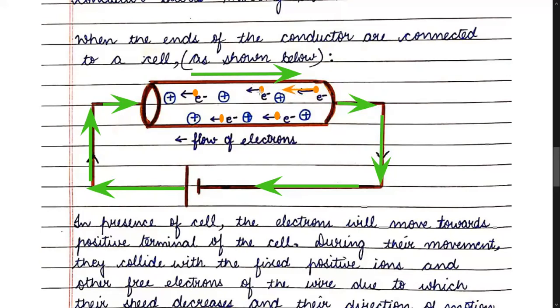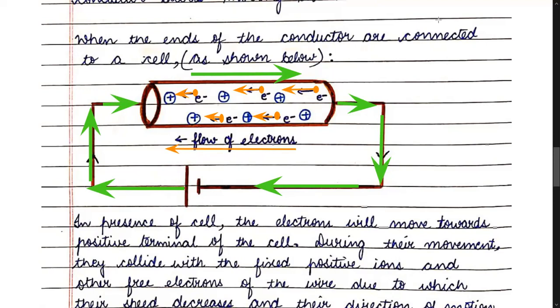Rather, all the electrons will start moving towards the positive terminal of the cell. So see, the direction of flow of electrons in figure number 2 is not random. Now all the electrons are moving in one direction. And what is that direction?